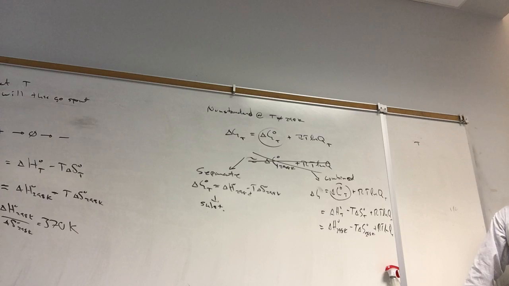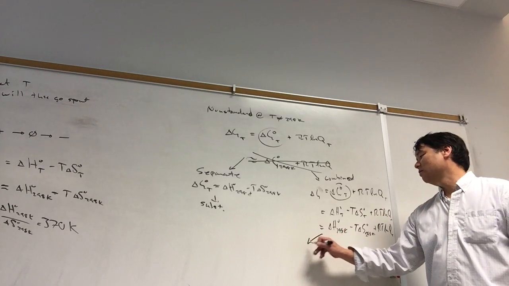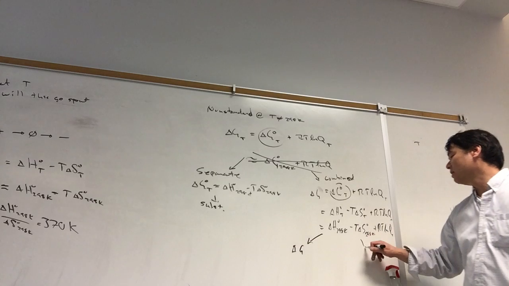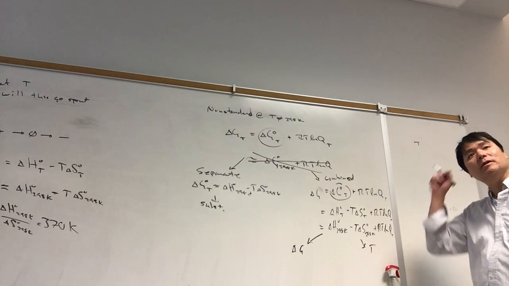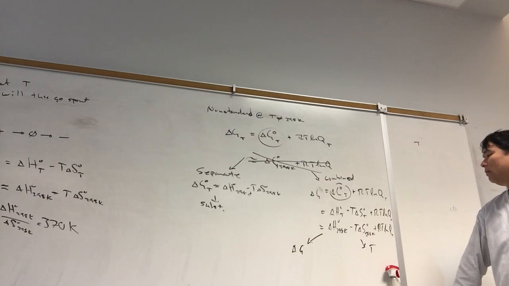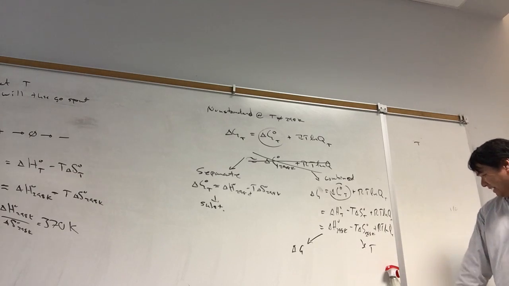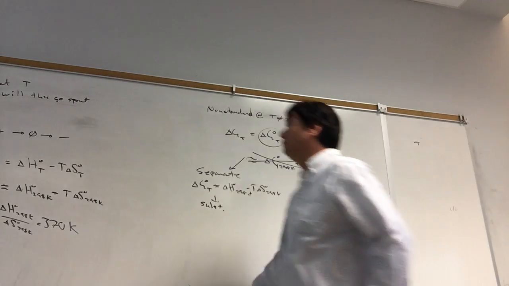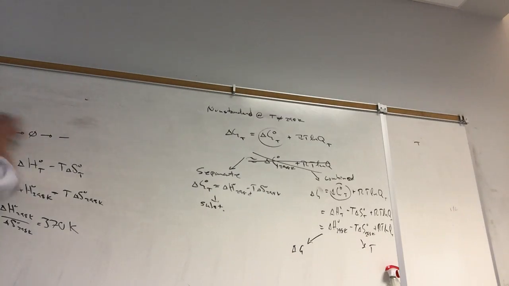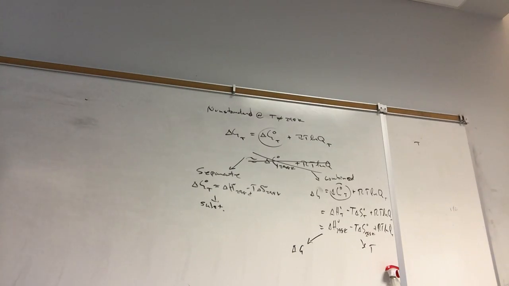Now solving for T is more complicated here. Solving for delta G is no problem, but if we solve for T, that becomes a little bit more tricky. And so here, the T calculation, let's continue that down here.